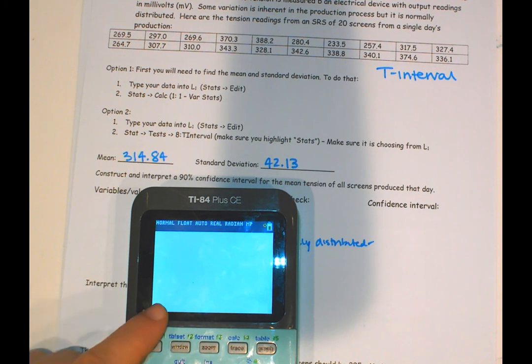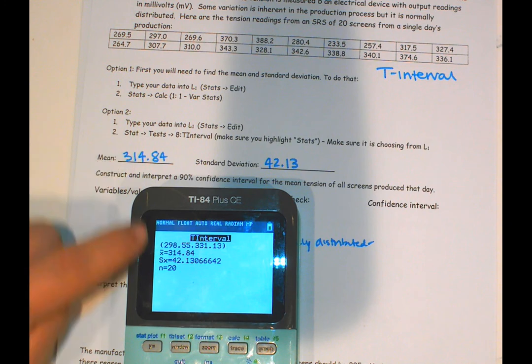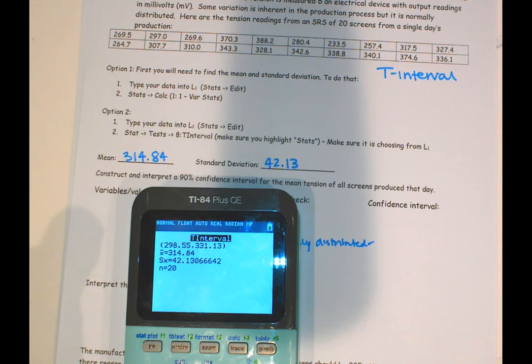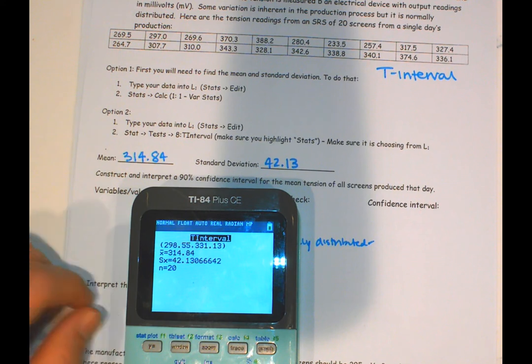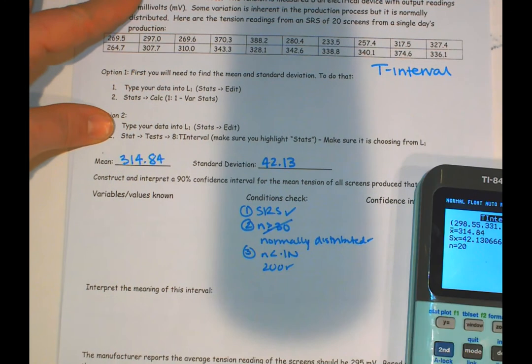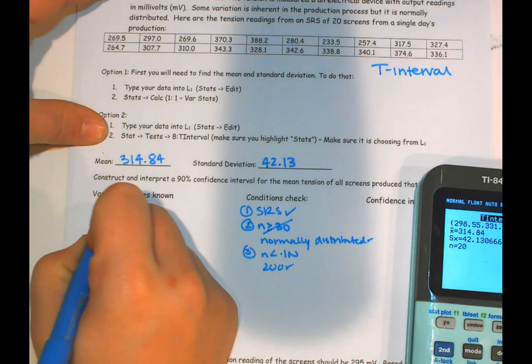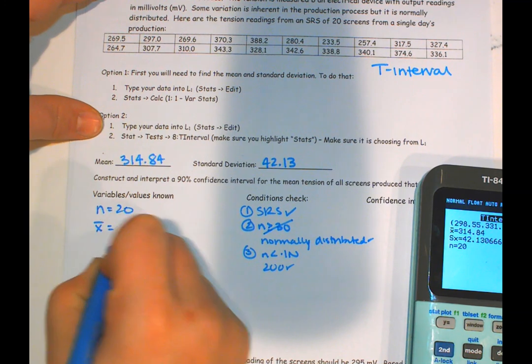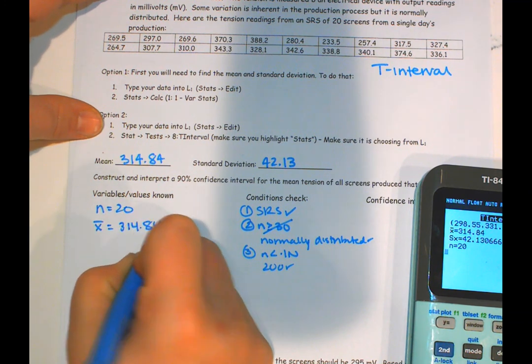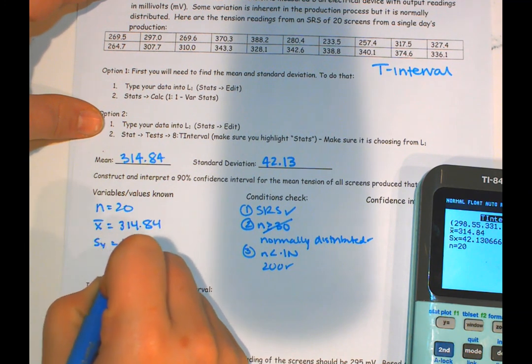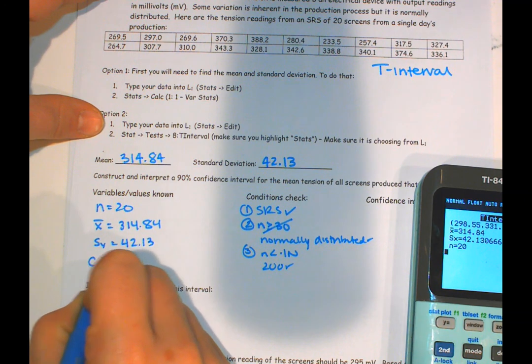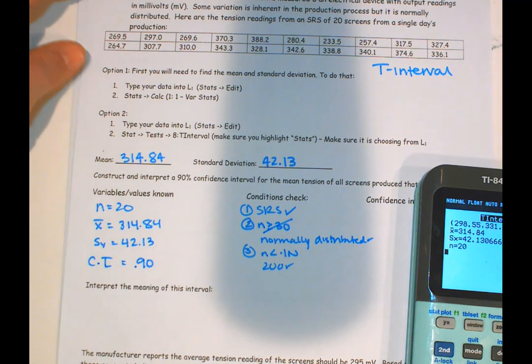When I calculate that, it's also going to tell me what my mean and my standard deviation are, and it should match what I found using 1-Var Stats. So there's not a right or wrong way to do this. It would just be easier to let the calculator find it for you, but I know that sometimes we feel more confident if we know that going into typing in our interval.